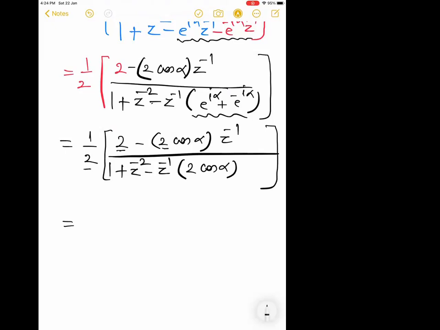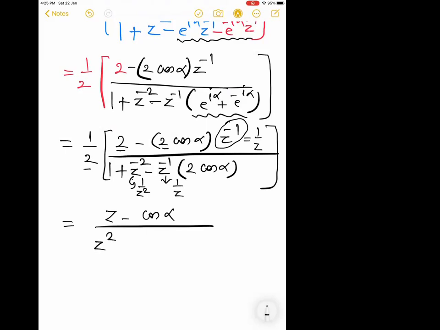And therefore, we get the answer as, now for this, z raised to minus 1 means 1 upon z. Correct? So that z will come here and we'll get z minus cos alpha upon, this is denominator, we can write down. You can again take z raised to minus 2 means 1 upon z square, z raised to minus 1 means 1 upon z. So LCM again will be z square.